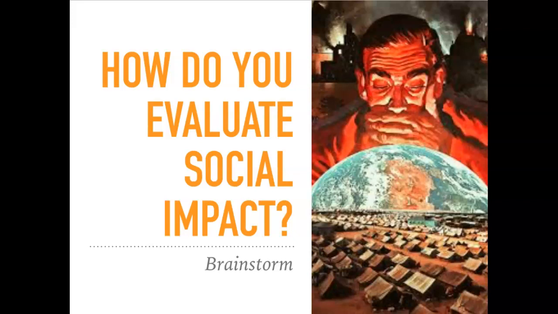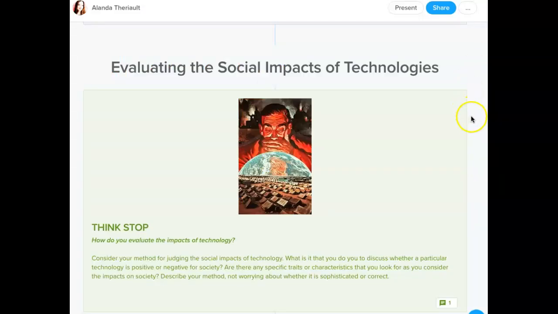So I want you to pop on over to the notebook, and you're going to be starting with the Think Stop here. You are going to be considering what it is that you do right now to evaluate whether a particular technology is positive or negative for society.